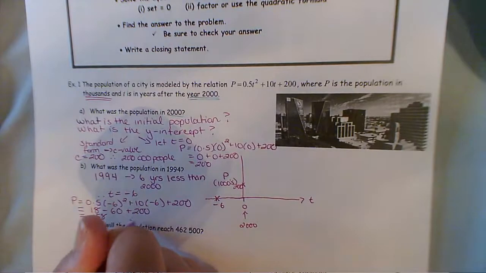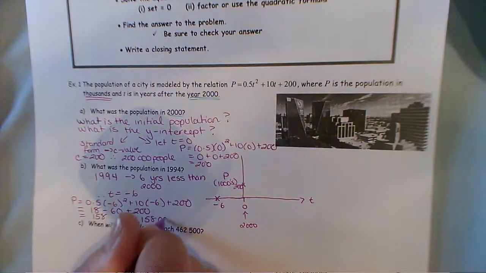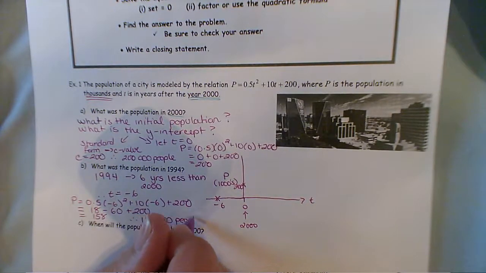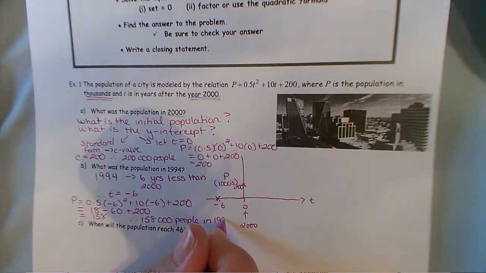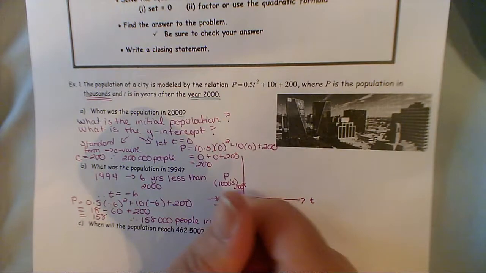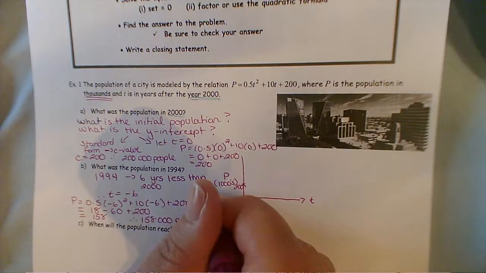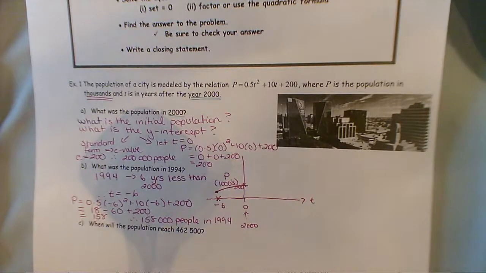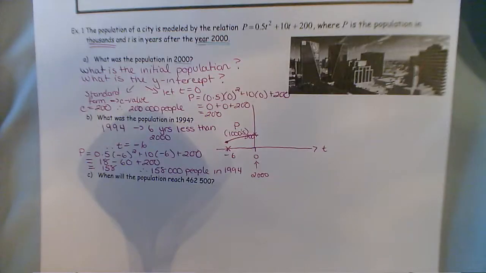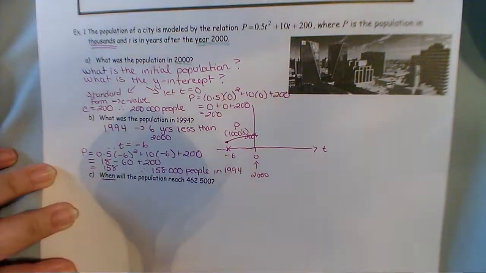So remember, 158,000 people in 1994. So 158,000 would be somewhere, say, here. Okay, so this is what was happening to the population graph at that point. So it was rising to get to 2000, and then it's asking when in the next question.